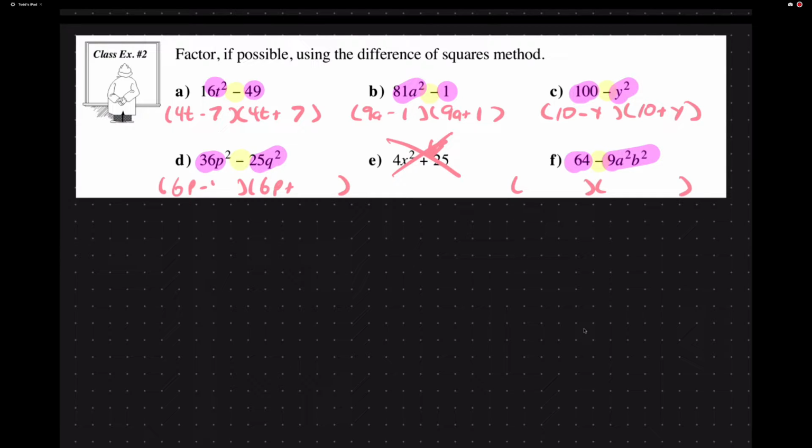The square root of 25q squared is 5q. And the last one would be 8 minus 3ab and 8 plus 3ab. The square root of 9 is 3, the square root of a squared is a, and the square root of b squared is b. Okay, and that's it for number 2.